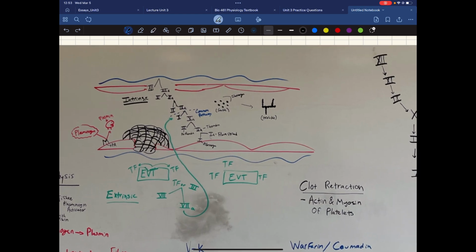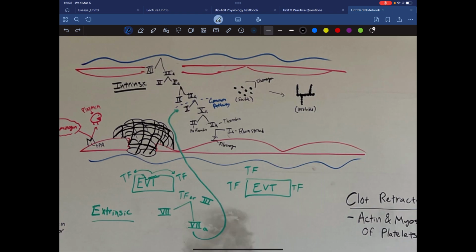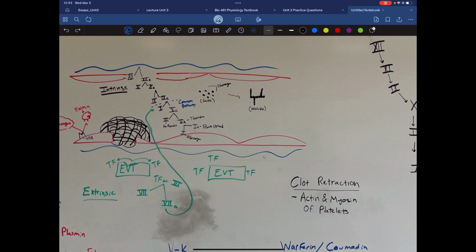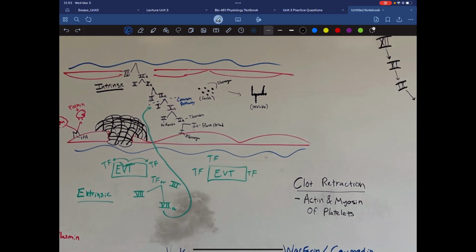We have the platelet plug down in here, then the net-like thing from the fibrin on top. But the platelets have myosin and actin, and they will contract together and shorten, like how myosin and actin shorten in a muscle.